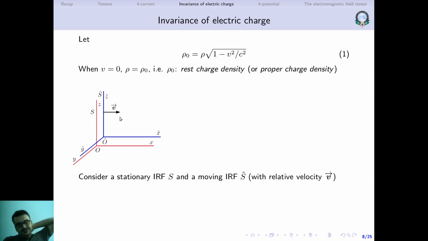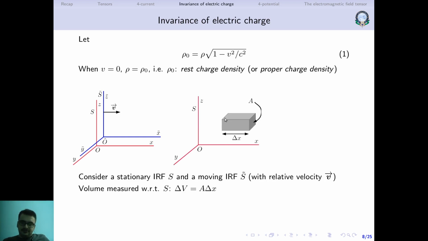So how do we measure that? We will measure the charge density with respect to both the frames. Once we get the charge density in both frames, all you have to do is multiply with the volume of that cuboid. That is going to give us the total charge.